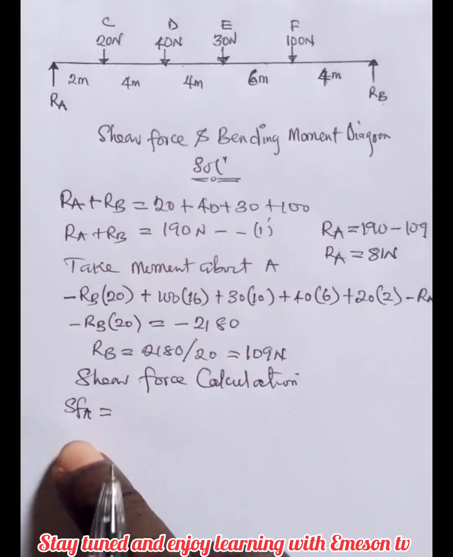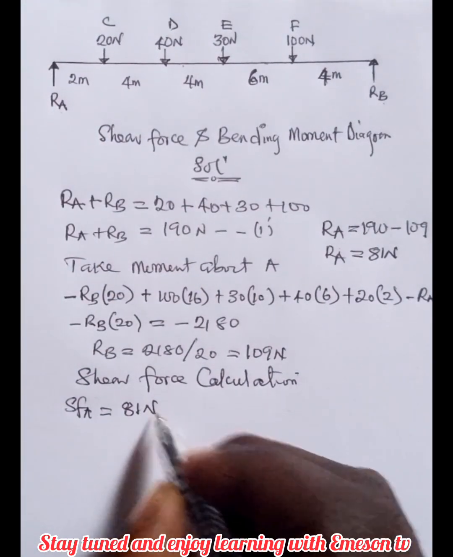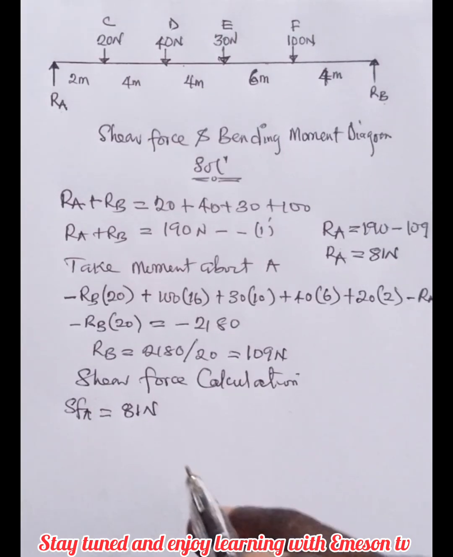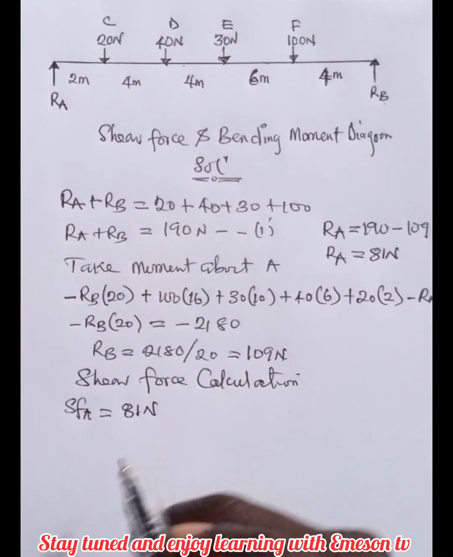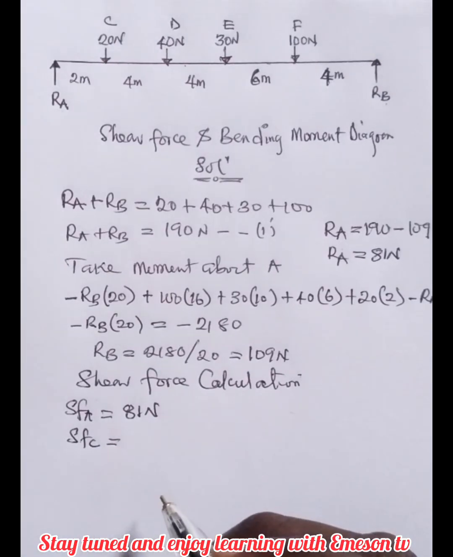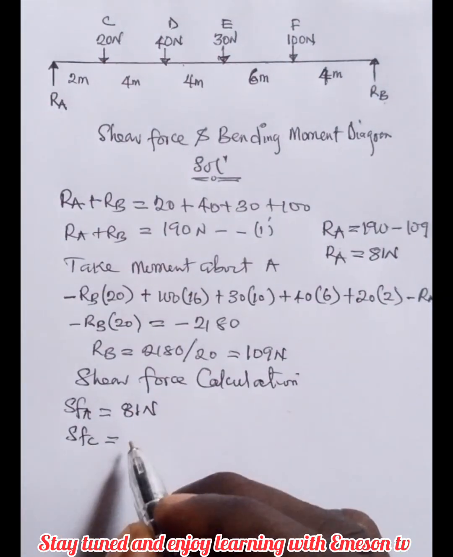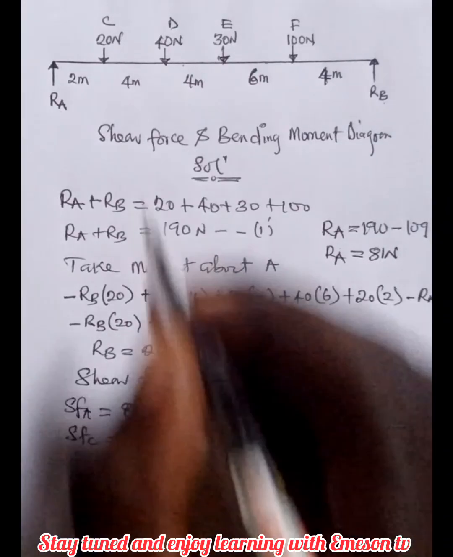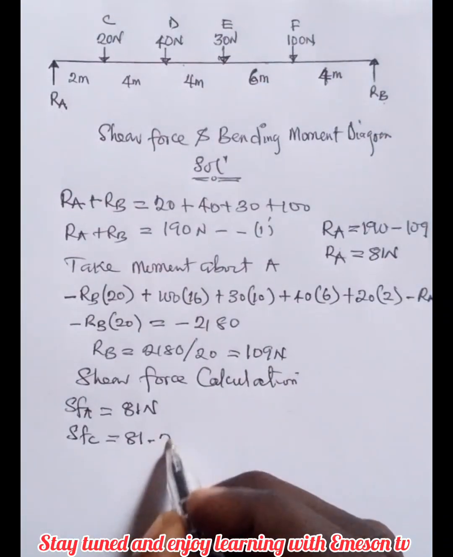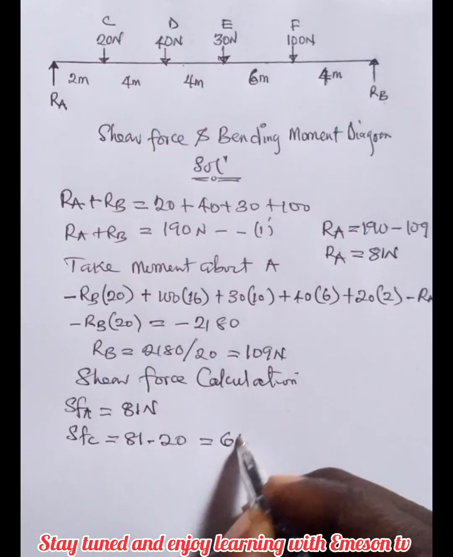So the shear force there is equals to R_A also. So the shear force here is 81 Newton. So let's proceed. The shear force at point C is equals to, as it progresses, subtract the forces. So 81 minus the next force, which is 20. So 81 minus 20 will give us what? 61 Newton.